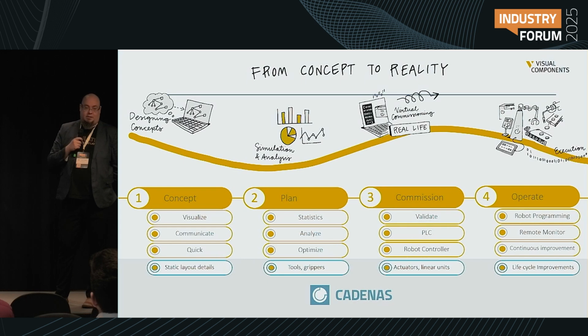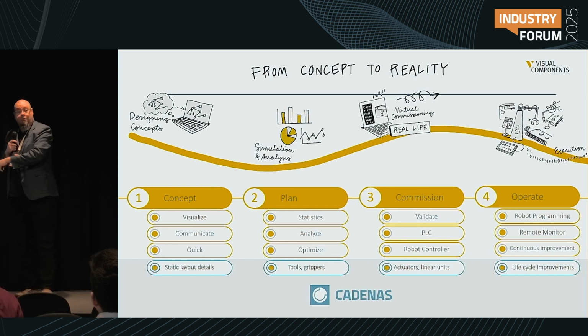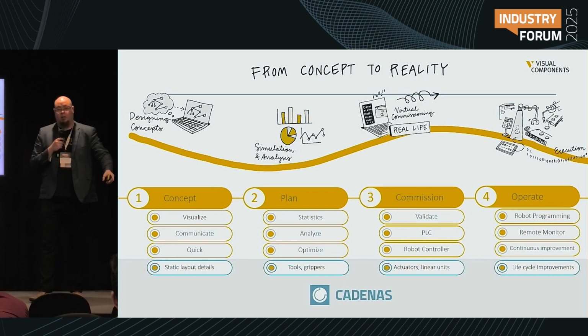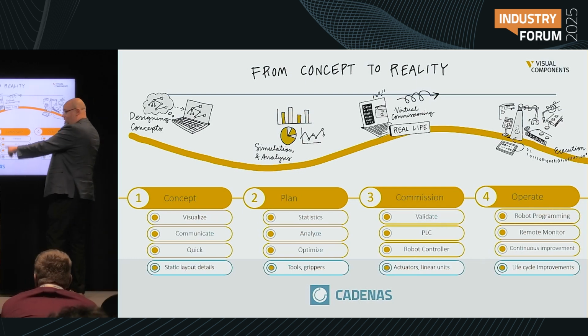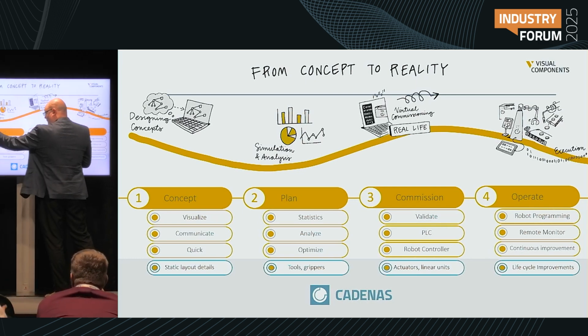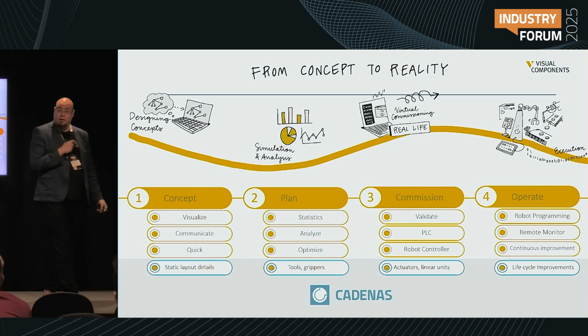So how does CADENAS step in? All of these steps require data. They require your plan, 2D drawing, CAD models, whatever it is. In case of concept design, we have some static components that you can find from, for example, the CADENAS library.